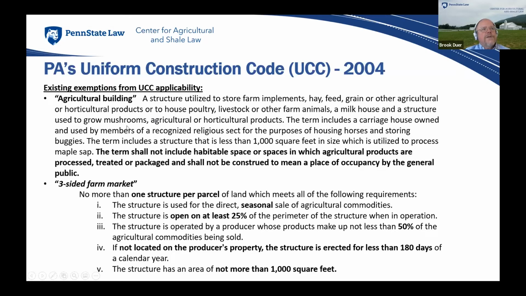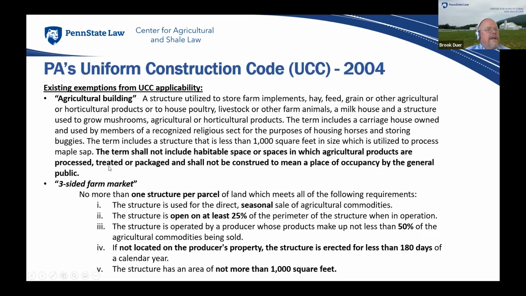Interestingly, a structure to grow agricultural and horticultural products was only recently added. That greenhouse operation for growing was not actually within this definition for a while. And then there's an exception for plain sect housing of their horses. And then the term includes a structure that is less than 1,000 square feet in size, utilized to process maple sap. So there you go. The maple syrup lobbyists got their 2 cents in.